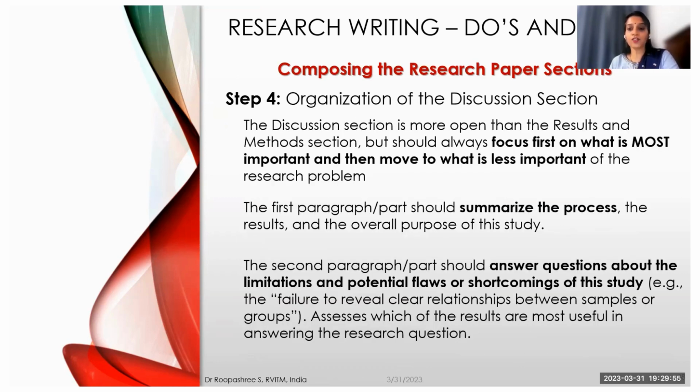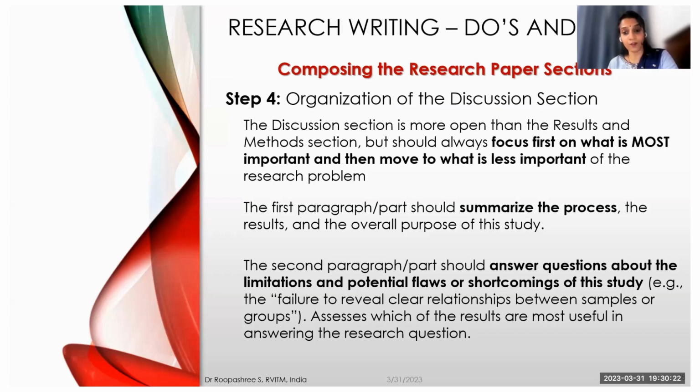In the organization of the discussion section, the discussion section is more open than the results and methods sections, but it should focus first on what is most important and then move towards what is less important. The first paragraph should summarize the process, then the results and overall purpose of the study.